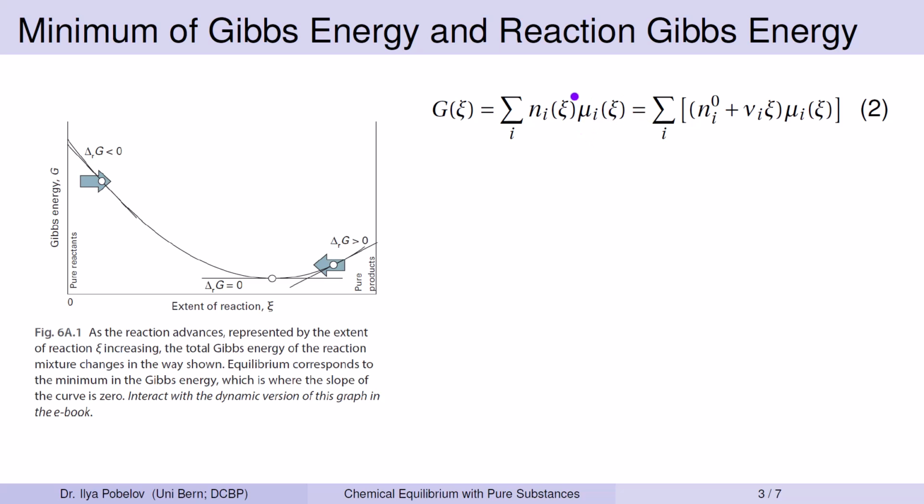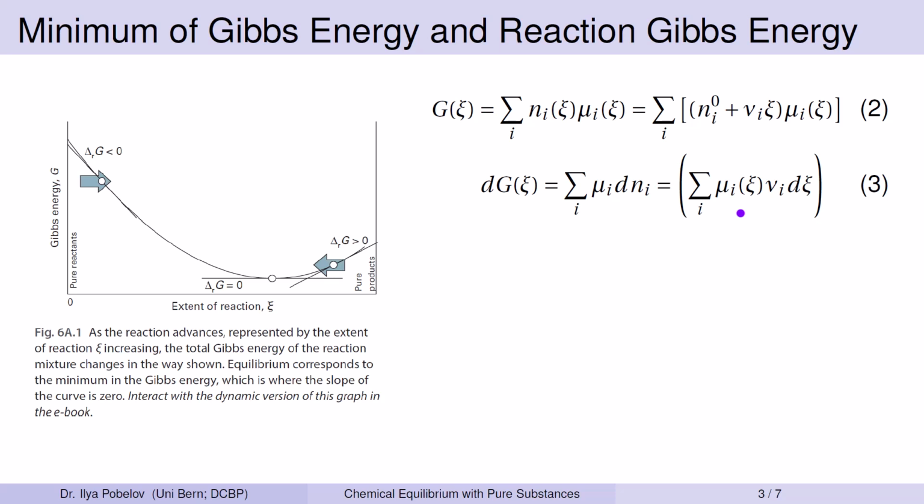However, instead of directly analyzing the total Gibbs energy, we focus on its derivative with respect to the extent of reaction. The differential of Gibbs energy is equal to the sum of chemical potentials multiplied by an infinitesimal change in the amount of substance of the corresponding reaction participant.